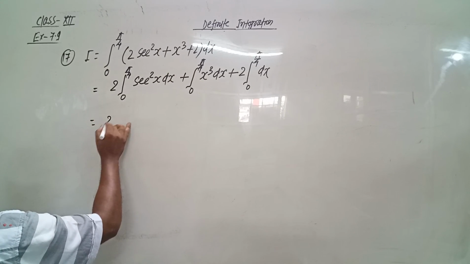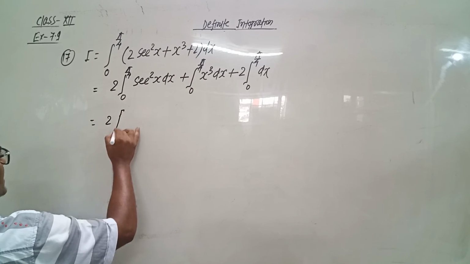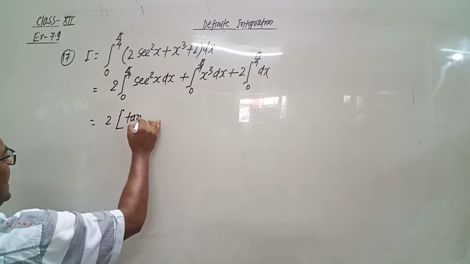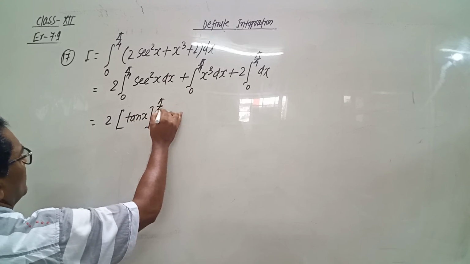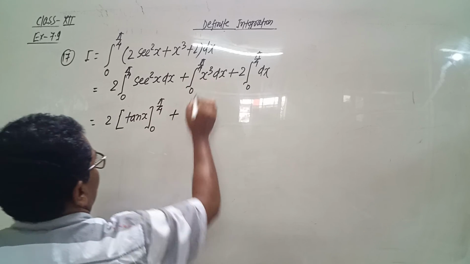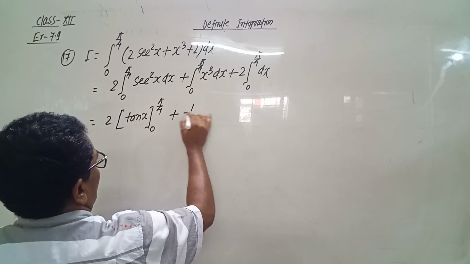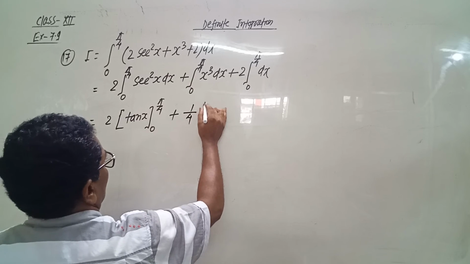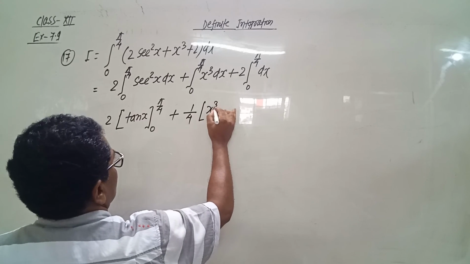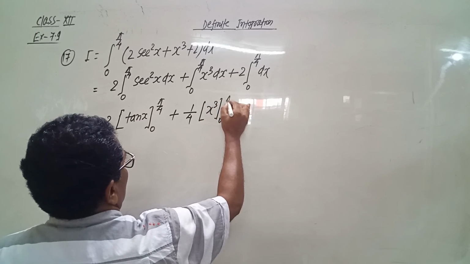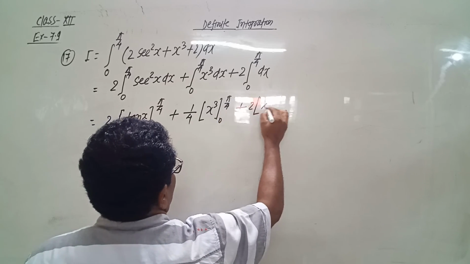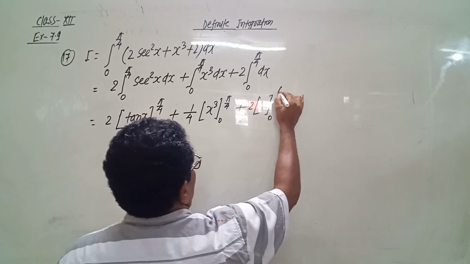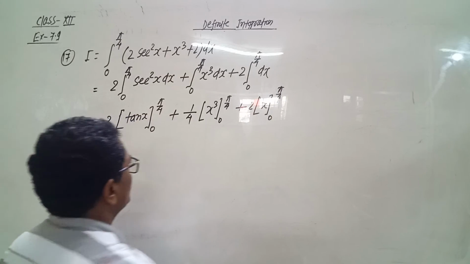Then we integrate: integration of sec square x is tan x with limit 0 to pi by 4, plus integration of x cube is x to the 4 by 4, so 1 by 4 x cube, limit 0 to pi by 4, plus 2 integration dx is x with limit 0 to pi by 4.